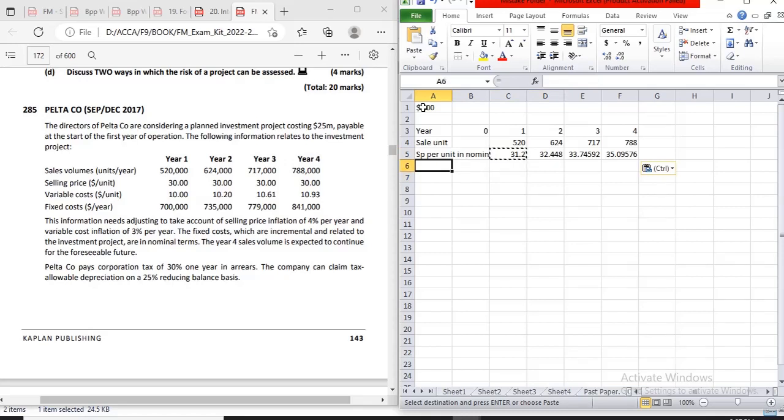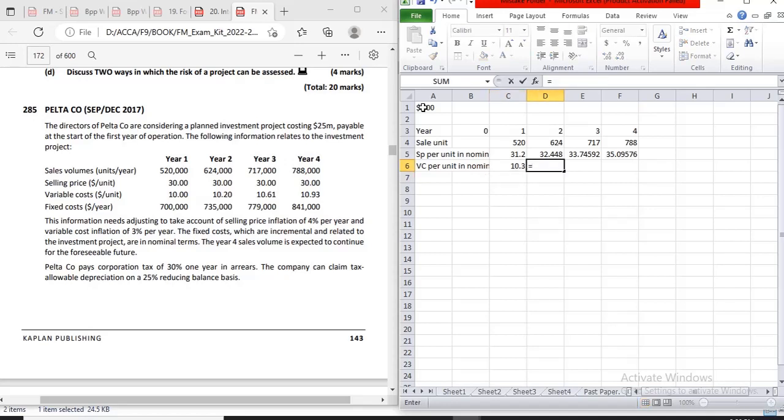Now it's time for the variable cost per unit in nominal terms. First is 10 times the inflation rate for the variable cost, 3% per year, to the power 1, which gives 10.3.